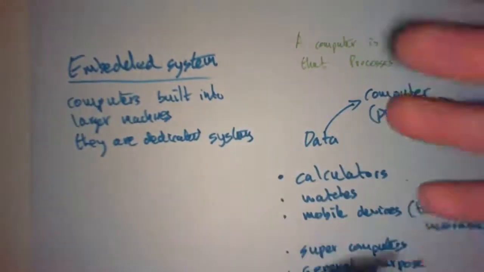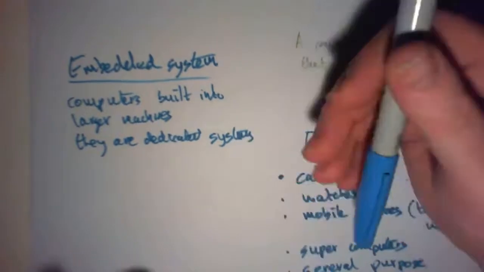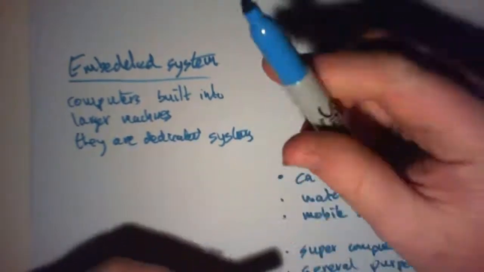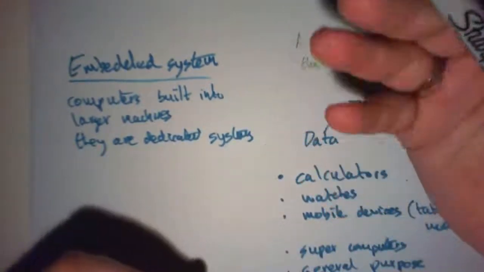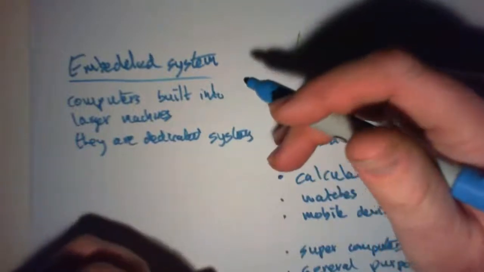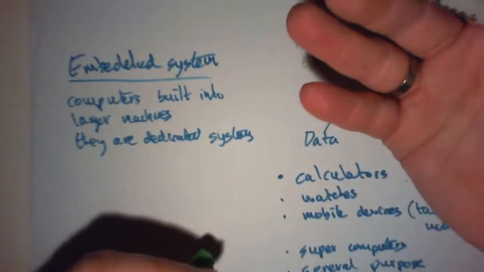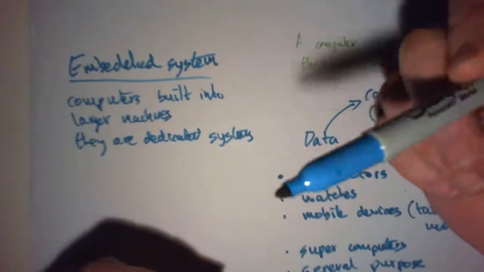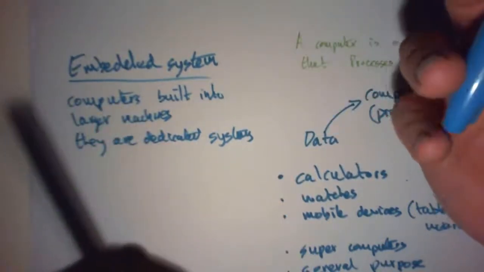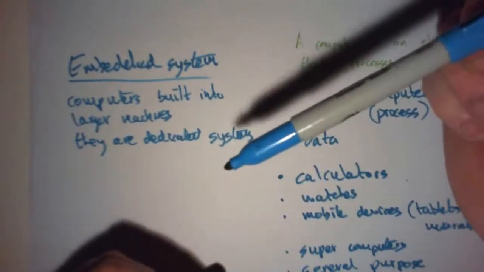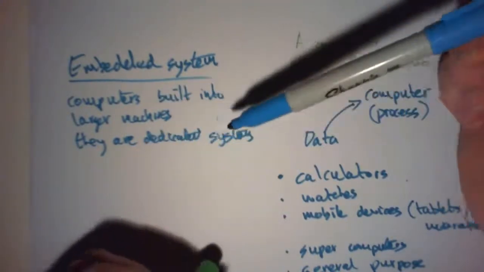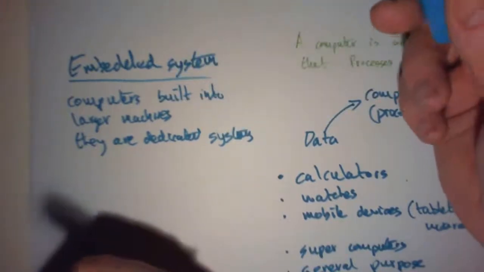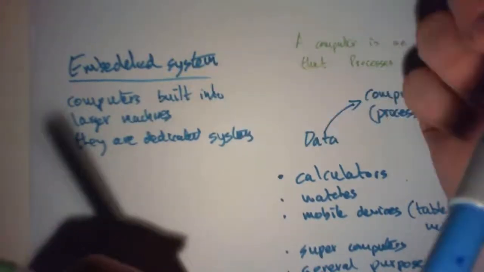So, plenty of examples for this: microwaves, washing machines, dishwashers, dryers. They'll all contain embedded systems, and the idea being that they perform a dedicated function. Computers in cars, they perform dedicated systems functionality, basically. Okay, they're not meant to be general purpose.